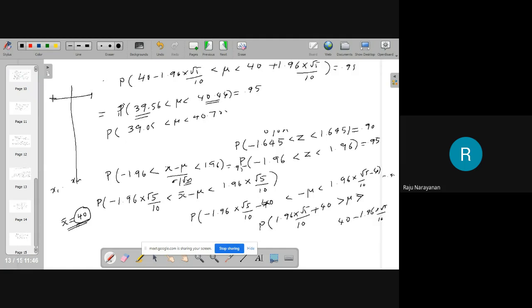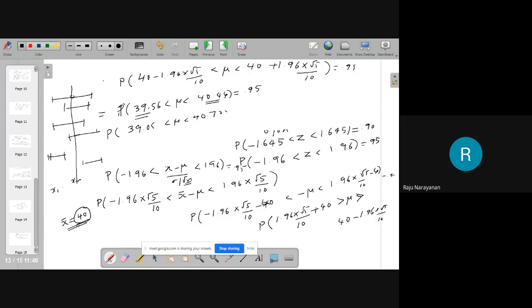For one sample, it will be like this. For other samples, it will be like this. However, this mu will be here. Sometimes it may be like this. In 5% of the cases, the mean will be outside that.